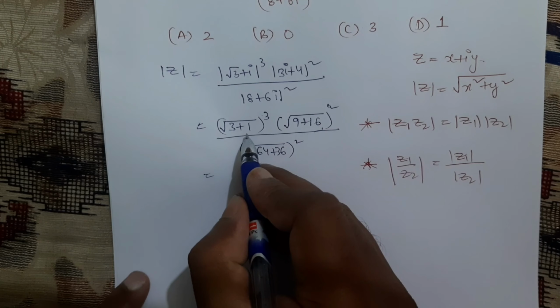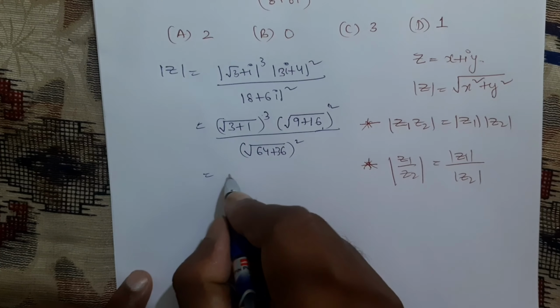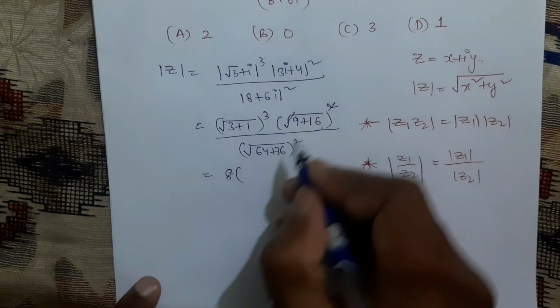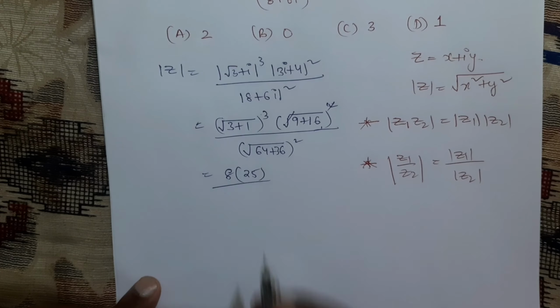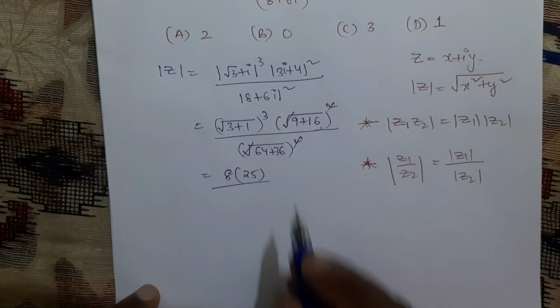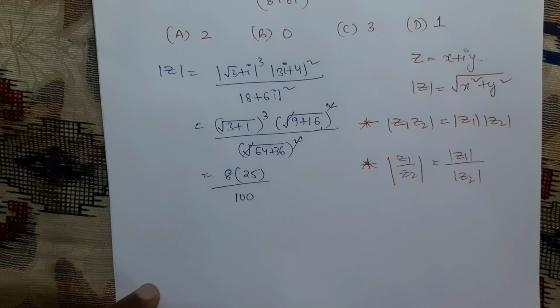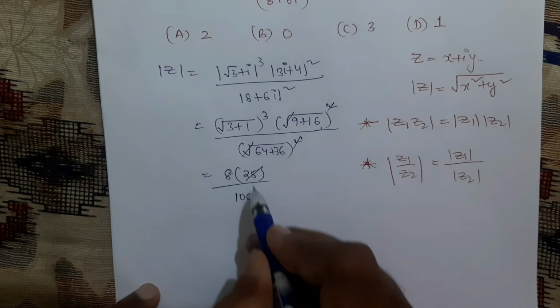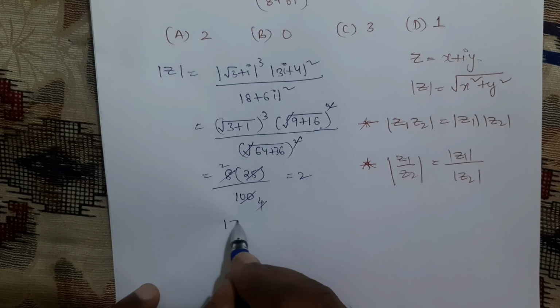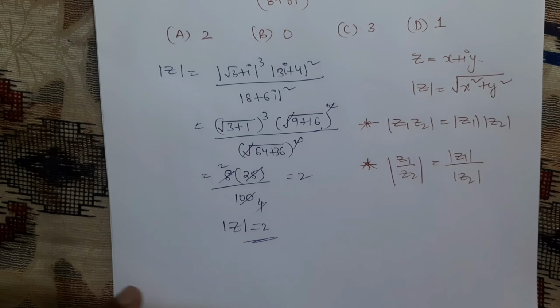So 3 plus 1 we know is 4, root 4 is 2, 2 cube is 8, and then 9 plus 16, which is 25, but square root cancels, it will be 25, and then here also square and root cancel. 64 plus 36 is 100. So here 25 ones are 25, 25 fours are 100, 4 ones are 4, 4 twos are 8, which is equal to 2. That means modulus of z is equal to 2.